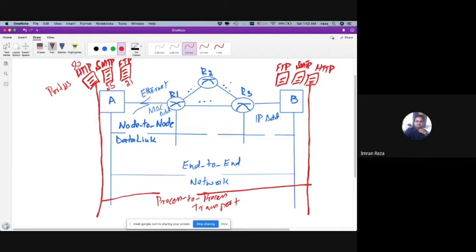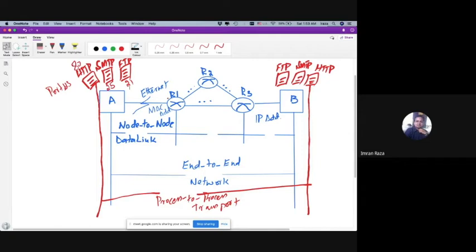Number two, here the transport layer is not bothered about the links in between A and B in this scenario, and the types of link and the technology that is being used at the data link layer. So irrespective of the technologies and the links and the number of links, the transport layer provides us process-to-process communication.